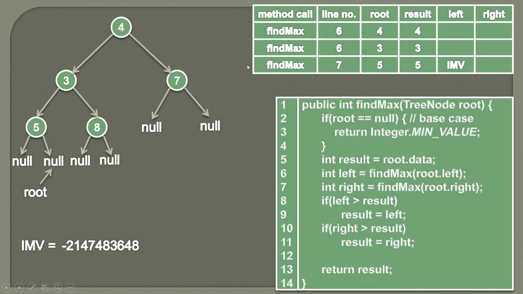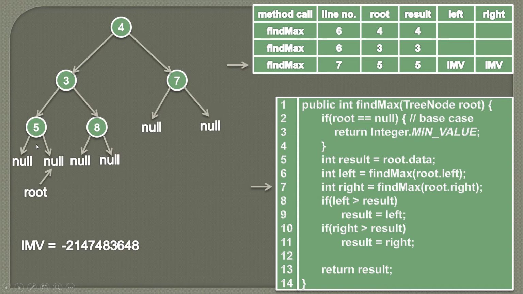And the execution point will reach again on this method, and we'll start our execution from line number 7. So this method returned the integer minimum value, which will be stored in the right here. And when we left this findMax method, root was pointing to 5.